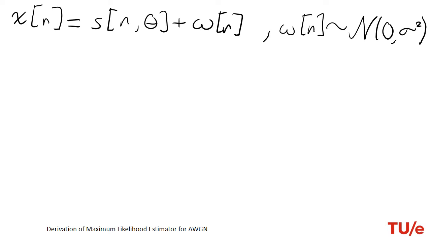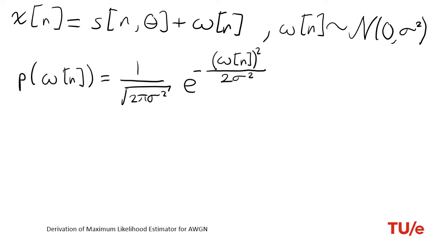Thus, the noise samples are drawn from a Gaussian distribution with zero mean and sigma squared variance. The probability density function for noise samples is the Gaussian function. This function forms the basis of the likelihood function. Now let's work it out together.